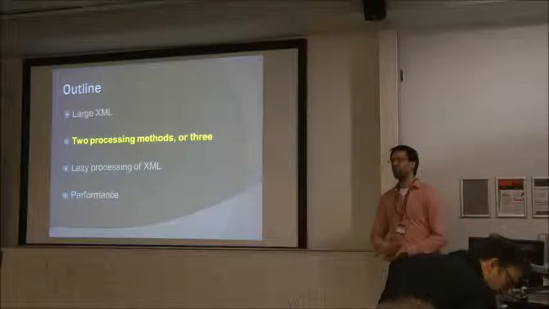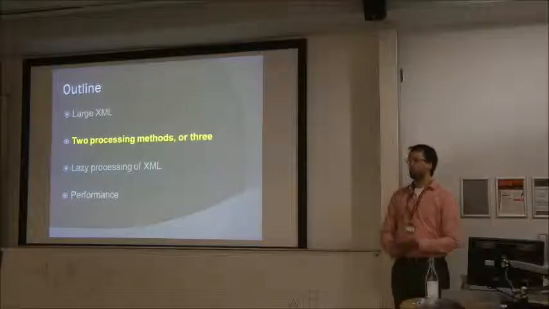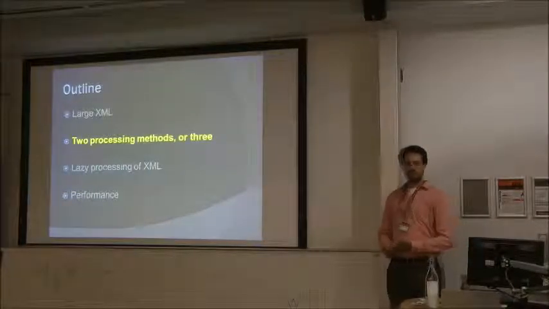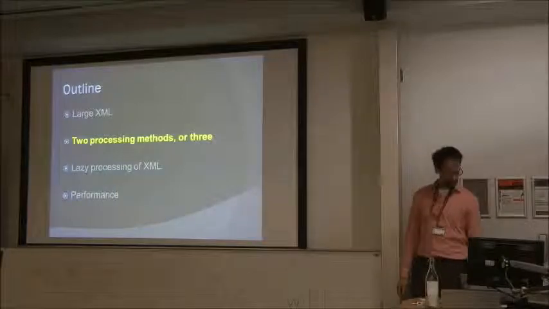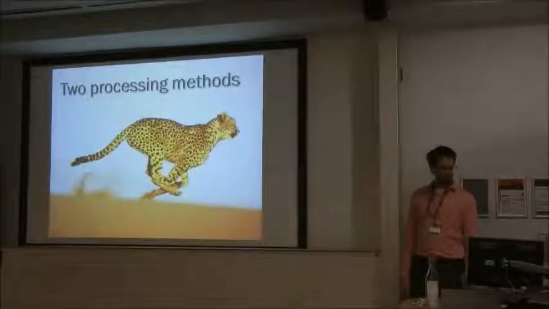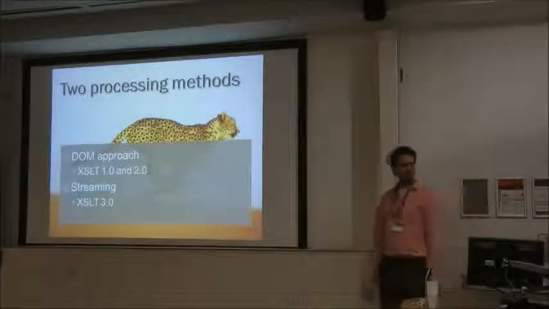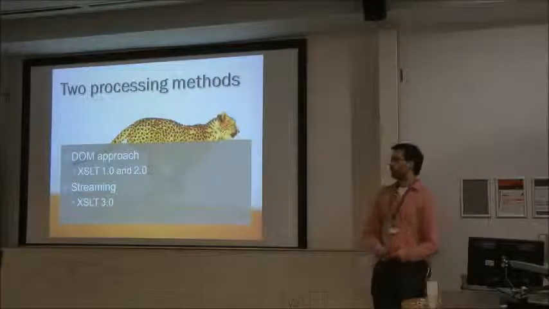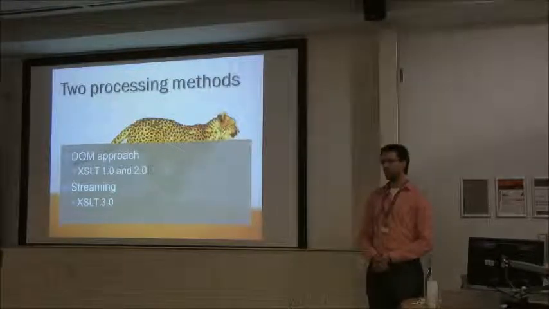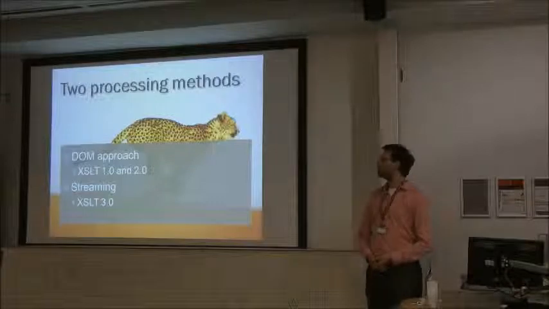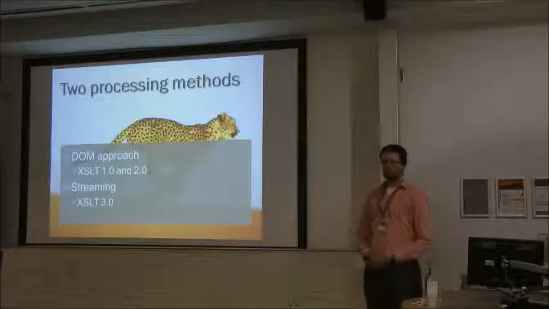So let's revisit the types of processing methods that are available in XSLT. The classical approach, as you all know it when you work with XSLT, is a DOM approach.